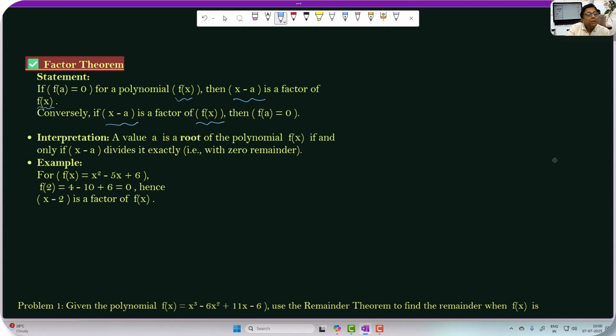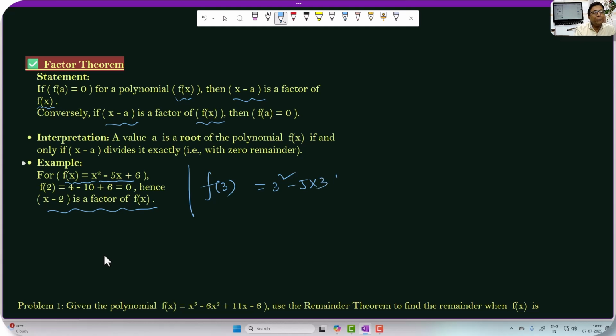If f(a) is equal to 0 for a polynomial f(x), then x minus a is going to be a factor of f(x). Conversely, if x minus a is a factor of f(x), then f(a) equal to 0. So if the remainder is 0, remainder is f(a), then obviously x minus a is going to be a factor.